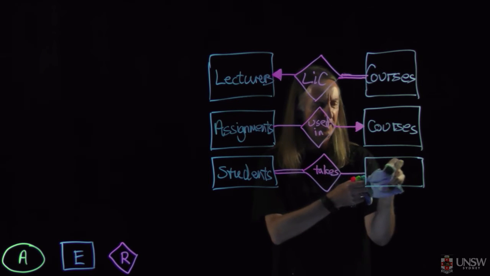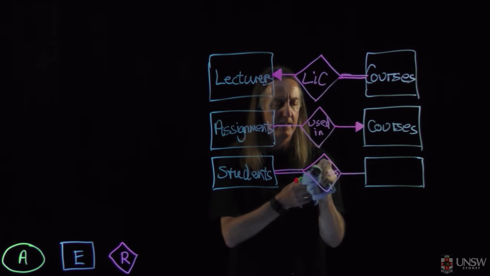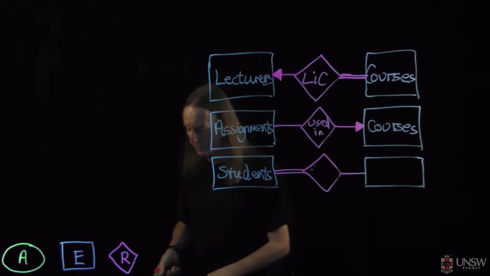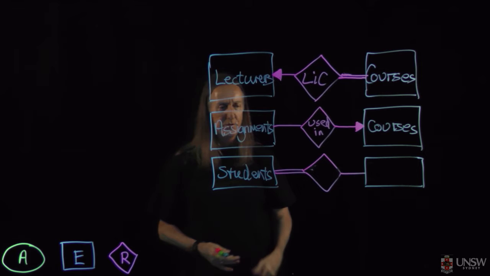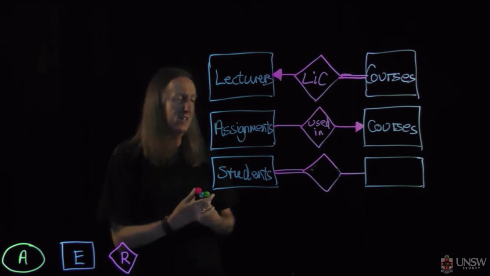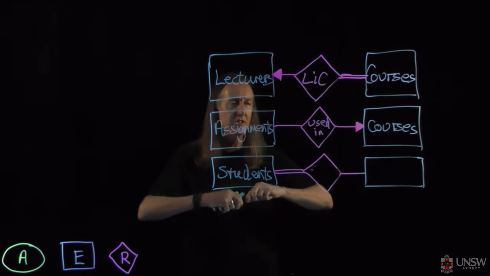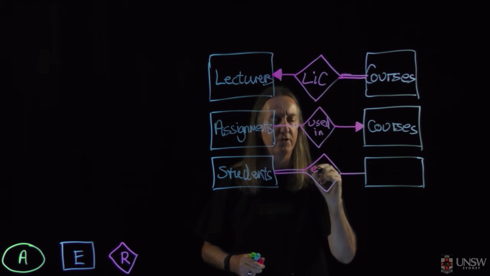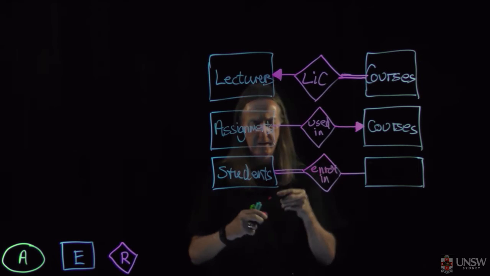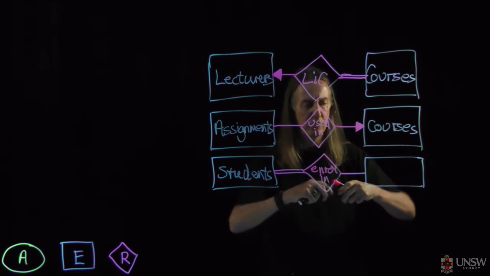I will try to erase this, and that's pretty well done. Okay, so students, I guess I'll leave the total participation, although technically it's probably not necessary. But students enroll in courses.